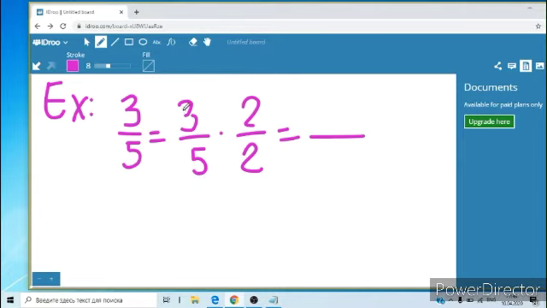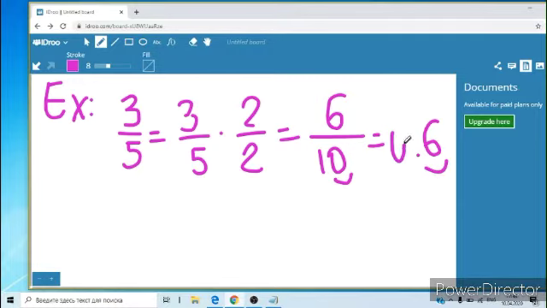If we are multiplying the fraction by 1, the meaning doesn't change. So let us multiply. 3 times 2 is 6. 5 times 2 is 10. So 6 over 10. And here, look, if we have 10, after the decimal point we will have only one decimal place.